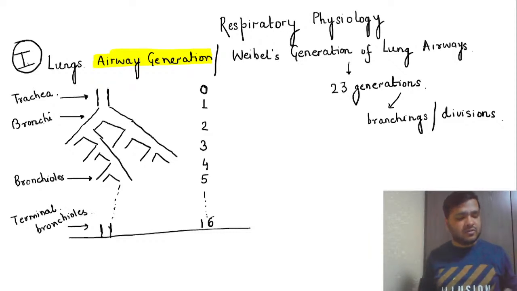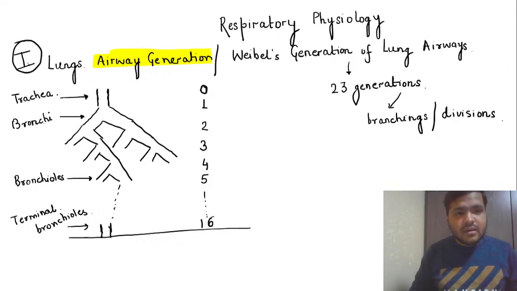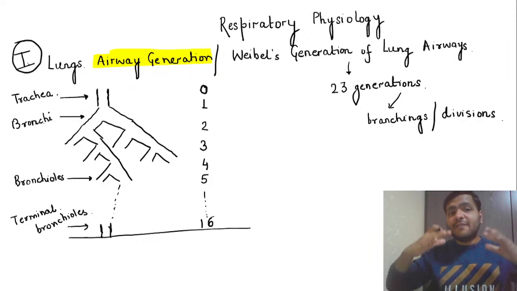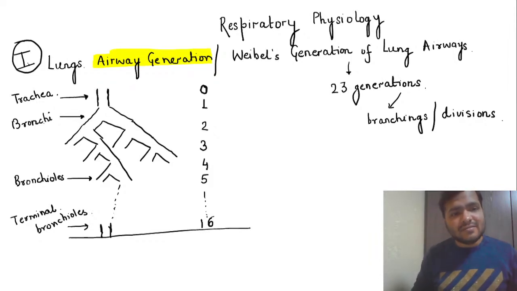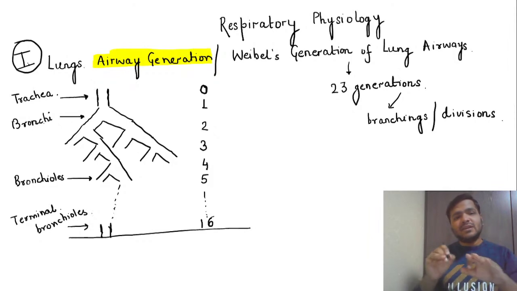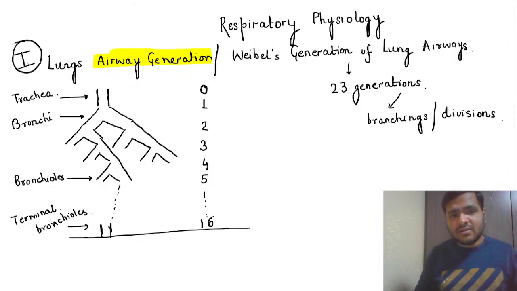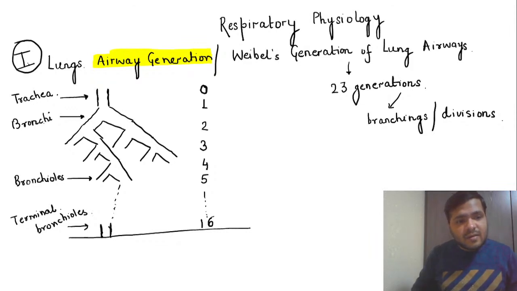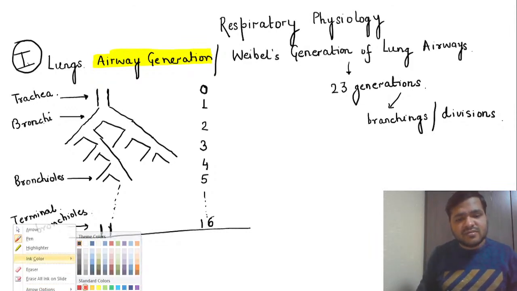So the trachea branches into bronchi, the bronchi further branch into bronchioles, and these bronchioles end in a terminal branch commonly referred to as the terminal bronchiole. This is from 0 to 16.